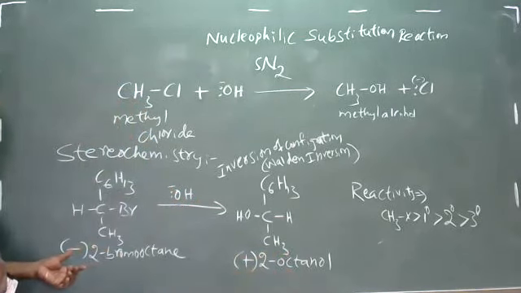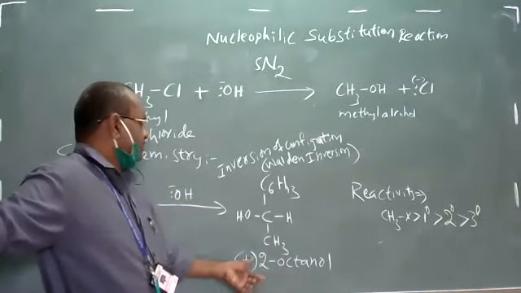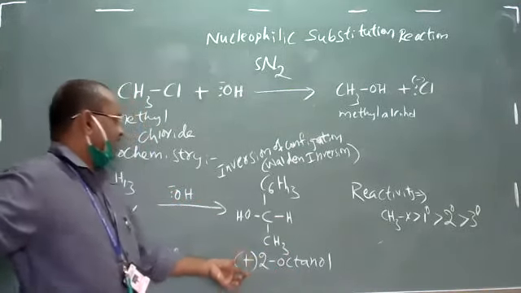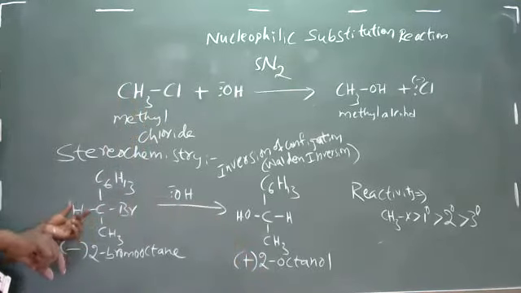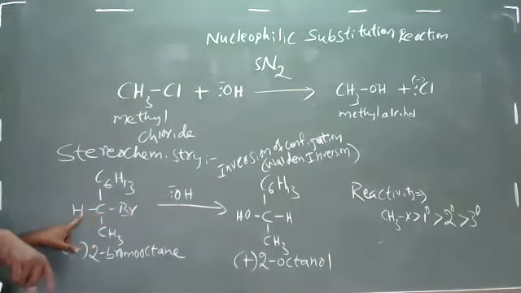That means it has converted from the levo form to the dextro form. When we look at this stereochemistry, at the chiral carbon, the hydrogen is on the left side and the bromine is on the right side.